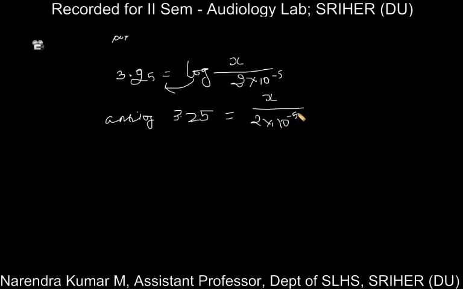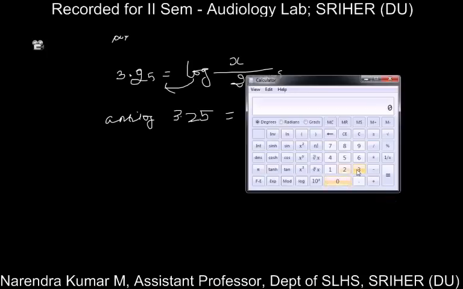Let us use the calculator to find the anti-log. The value is 1.778, so approximately 1.8 into 10 to the power 3.